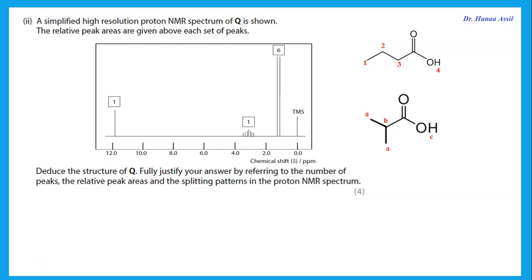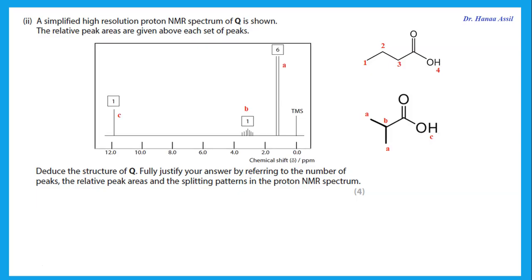So it must be the branched chain one, in which both methyl groups are equivalent, so there are a total of 6 protons, and they have a neighboring carbon, so these are the ones that I labeled A, and on their neighboring carbon there is 1 proton, so these 6 protons are a doublet, so that is the A. B is the proton on the neighboring carbon, and of course that has 2 methyl groups next to it, so that's a septet.